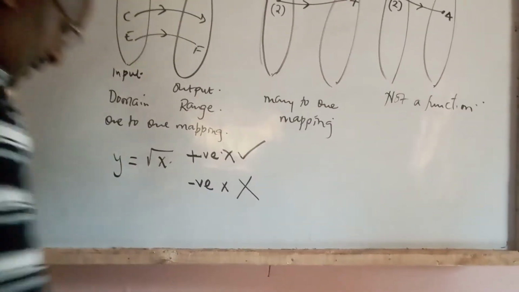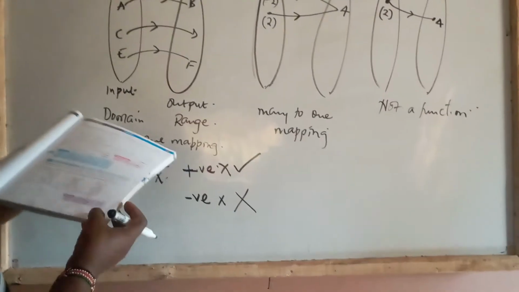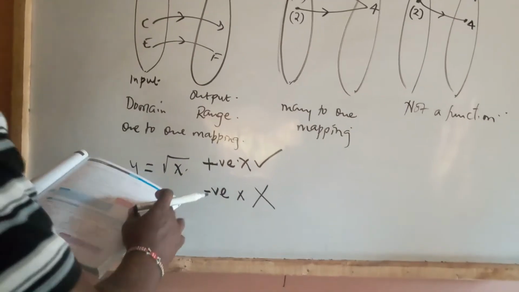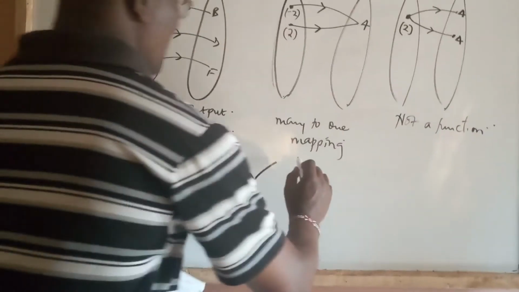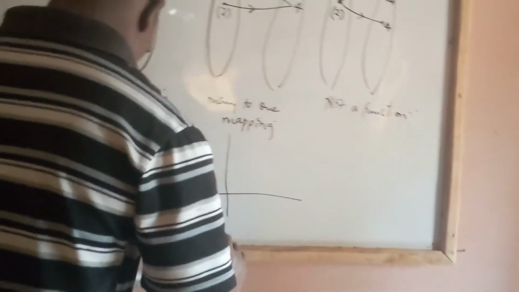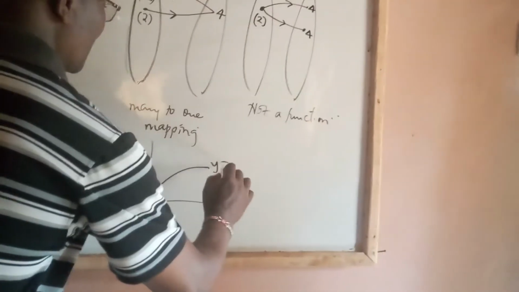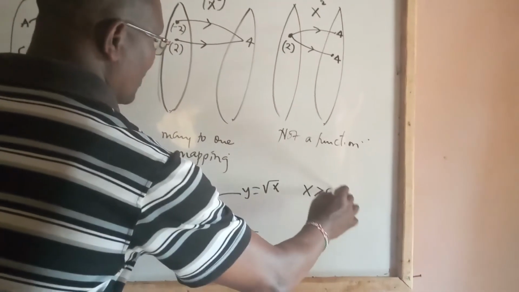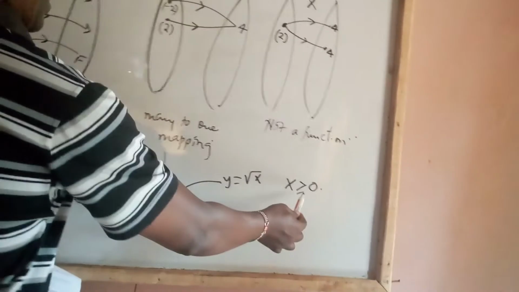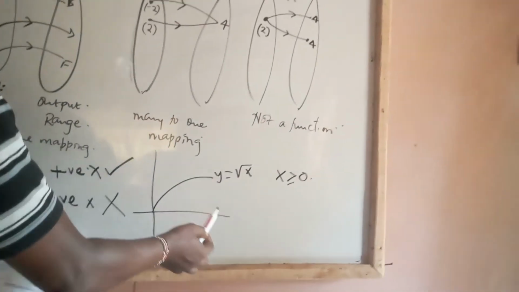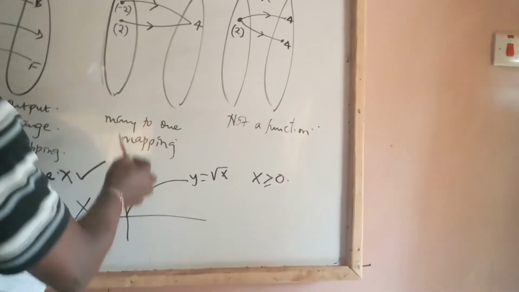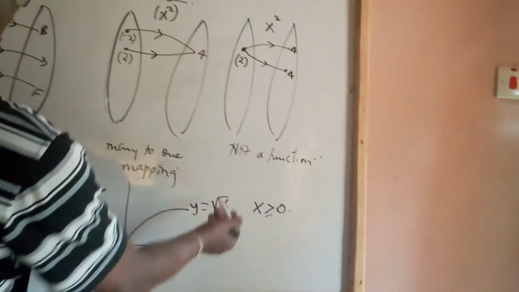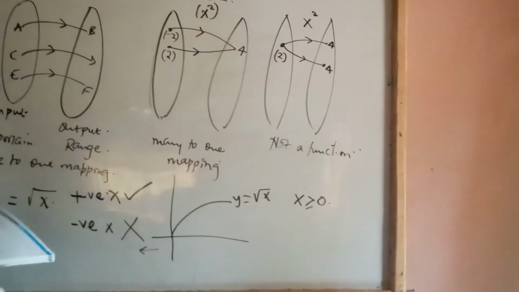Therefore, it is important to specify the range of our domain. y equals the root of x only makes sense when x is greater than or equal to 0. When x is less than 0, it doesn't make sense because we don't have the square root of negative numbers.